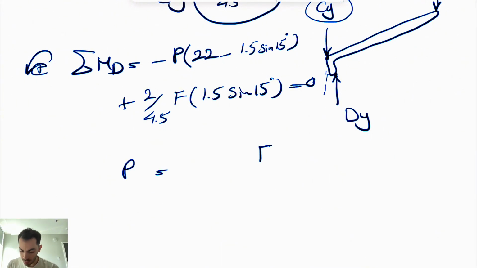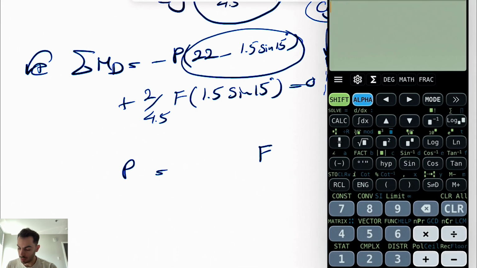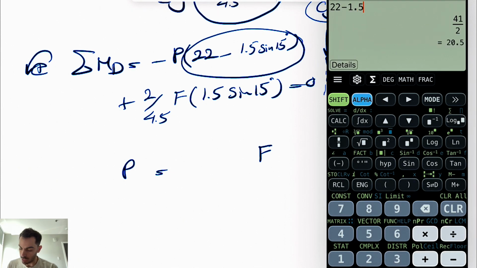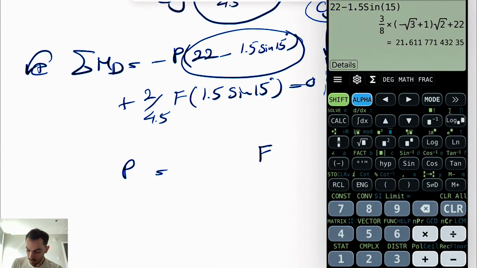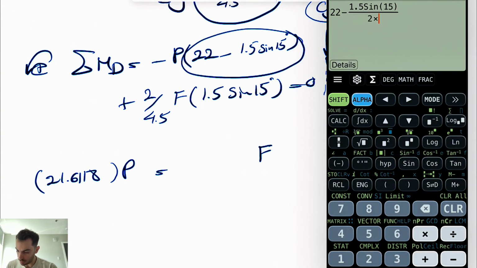Let's see what we get on the left side. I'm trying to figure out this value, 22 minus 1.5 sine of 15, which is 21.6118. And for the F, let's just do a ratio: 2 times 1.5 times sine of 15, and in the denominator, we have 4.5.